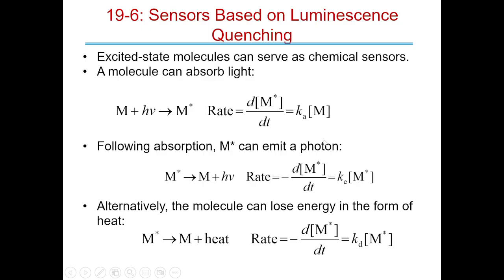Okay. So following absorption, the excited state can then emit a photon. Remember, this doesn't necessarily have to be the same frequency, right? So your excited state is going to emit a photon, giving you back your ground state product, okay?